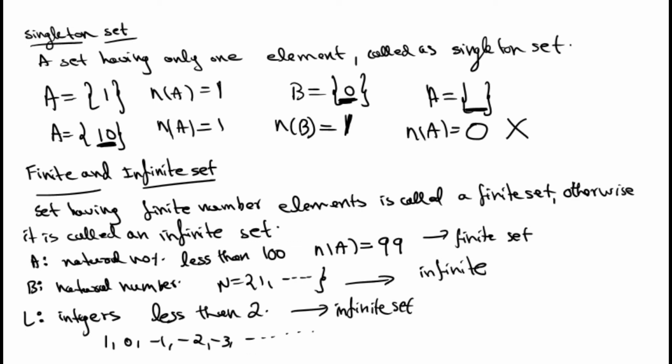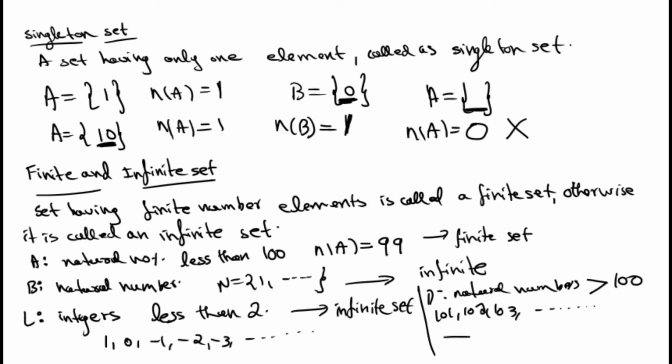Okay, or take set D such that natural numbers greater than 100. Natural numbers greater than 100, you can write 101, 102, 103 up to where? We don't know, right? Up to infinity. So this is an example of an infinite set.